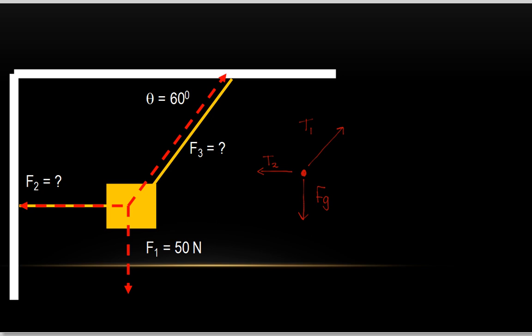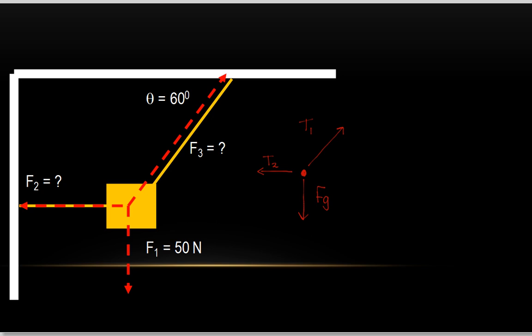Are there any other forces involved? It's not in motion, so there's no friction. It's not resting on a surface, so there's no normal force. It's got a string that's pulling on it, so that's tension. And it's got mass, so therefore it has gravitational force. Those are the only forces acting. So what is balancing this Fg?